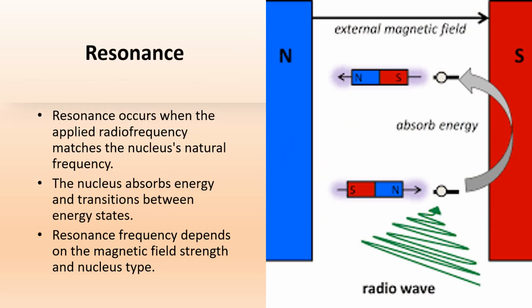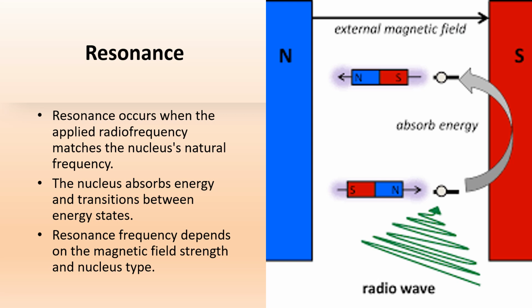The real magic of NMR happens when we apply a pulse of radio frequency energy to the sample. This pulse is tuned to a very specific frequency that matches the natural frequency of the nuclei in the sample. When the frequency of the pulse matches the nucleus's natural frequency, a phenomenon called resonance occurs.